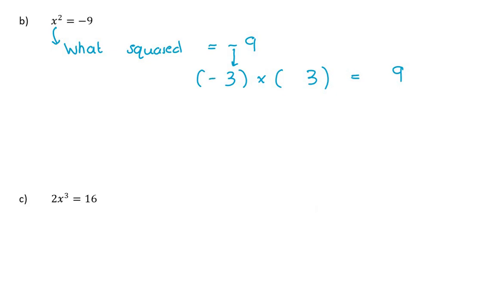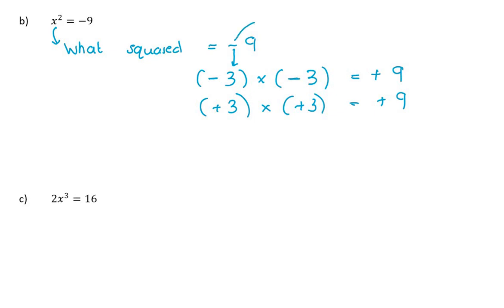So if one is a negative, careful, you're squaring it, so it has to be multiplied by itself. And what's a negative times a negative? A positive. Okay, so what happens if it's positive 3 times positive 3? Well, that's also positive 9. So there's no way at all to be able to square something and get a negative.